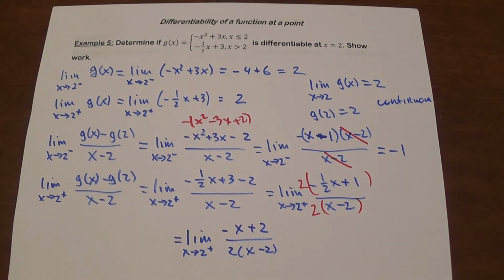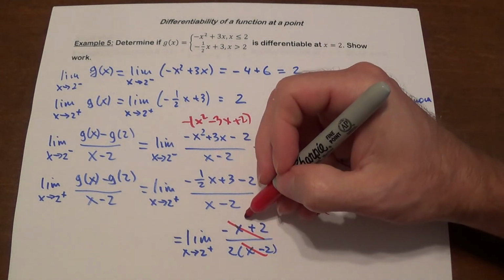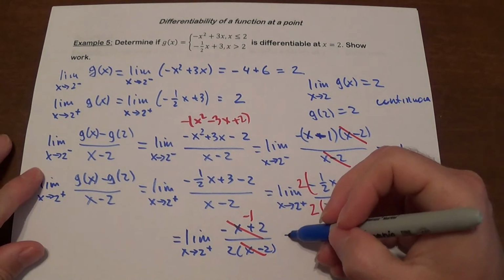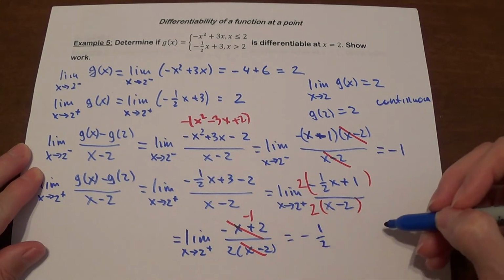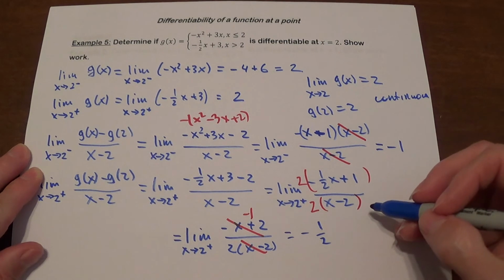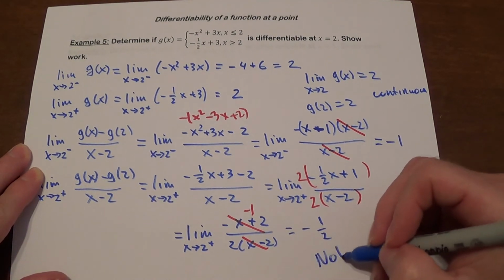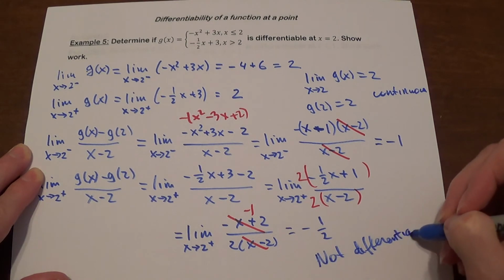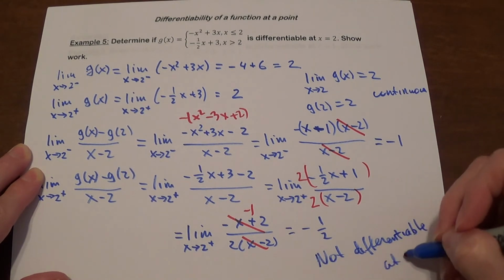Negative x plus 2 and x minus 2 are going to cancel out with a negative 1 because they're opposites. And what we are getting here is negative 1/2. Negative 1 here and negative 1/2 here, different values, so not differentiable at x equals 2.